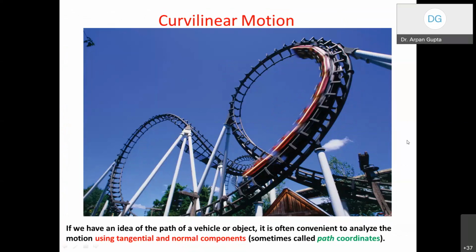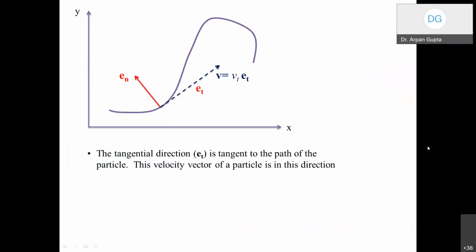So in the last class, we started with the discussion on curvilinear motion, and for more complicated motions, it is better to express the motion in terms of coordinates or axes which are also moving.